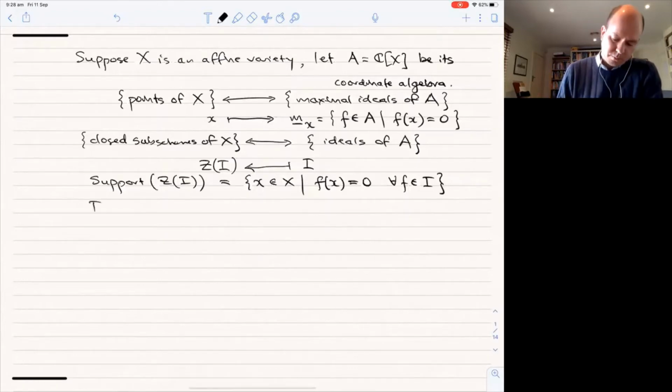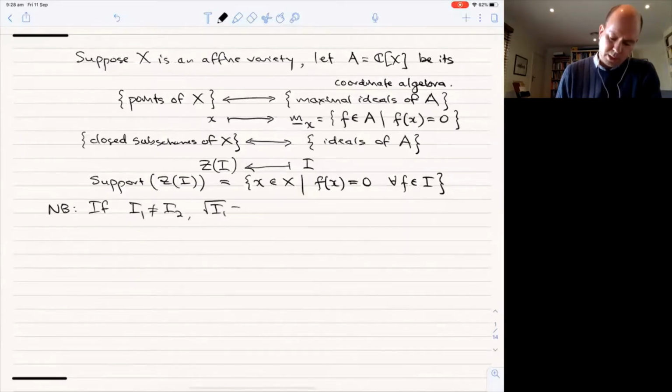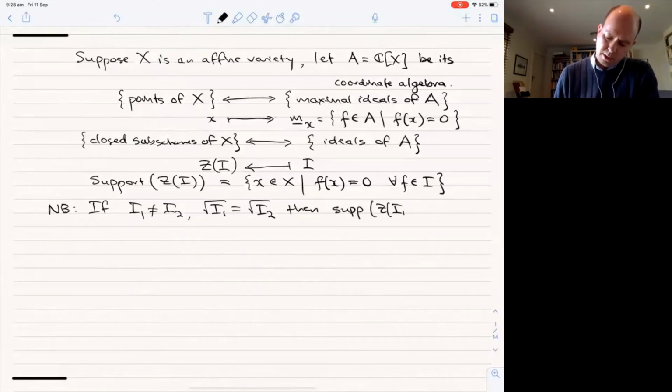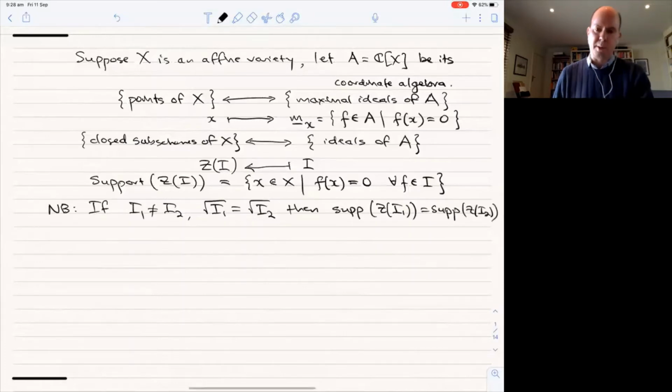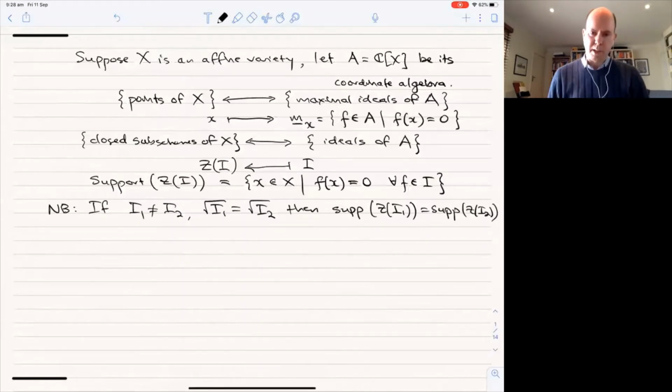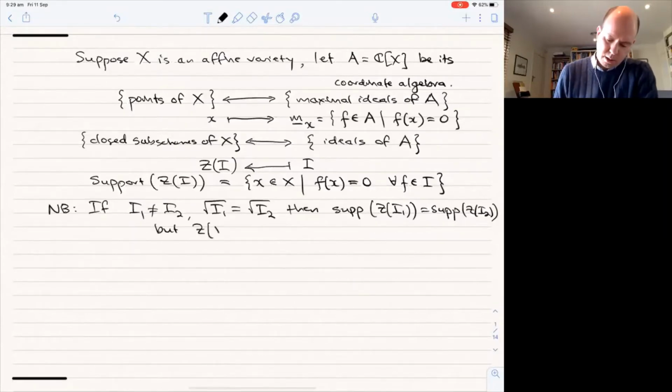So if you have two different ideals whose radical is the same, then the support of those subschemes are the same, because the set of points where all the polynomials in the ideal vanish depends only on the radical of the ideal, but we distinguish the schemes in this case.